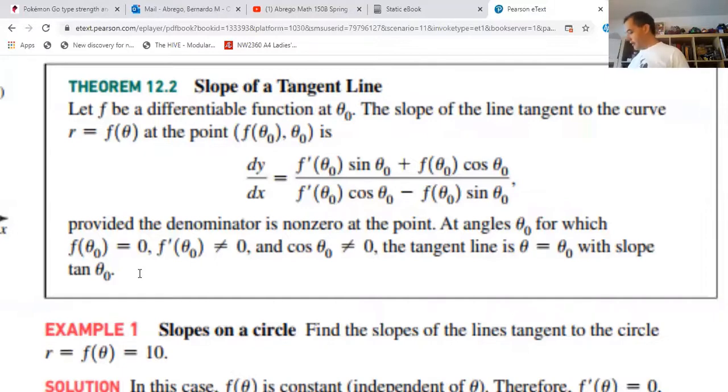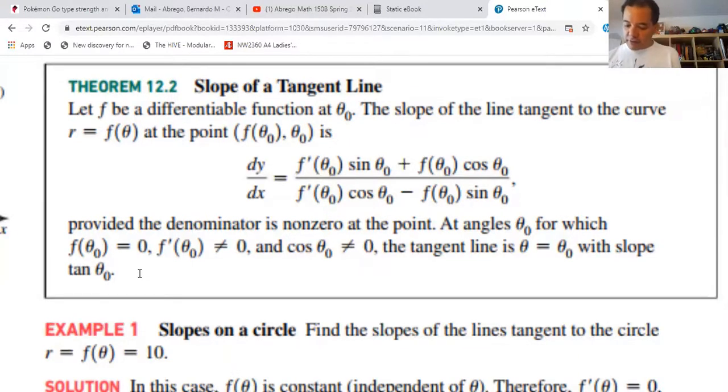Example 1, slopes on a circle. It says find the slopes of the lines tangent to the circle r equals 10. So in here, r equals f of theta equals 10.